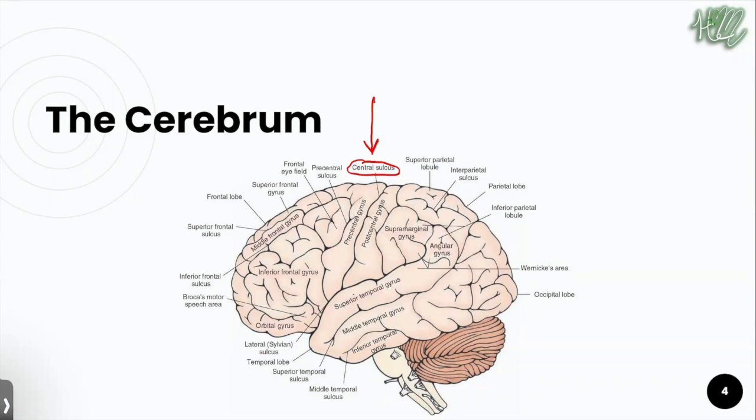So if you're not careful, you might accidentally identify the central sulcus as being before the precentral gyrus here. But remember, you should have a pretty straight line that goes from the very top of the brain, the parietal area, all the way down to meeting the temporal area of the brain and going straight down, dividing two very long gyri. That is your central sulcus.